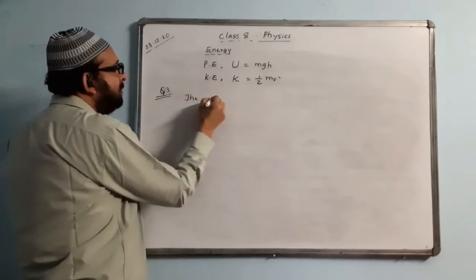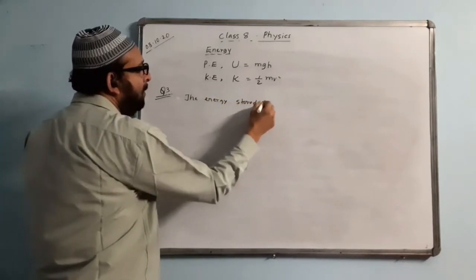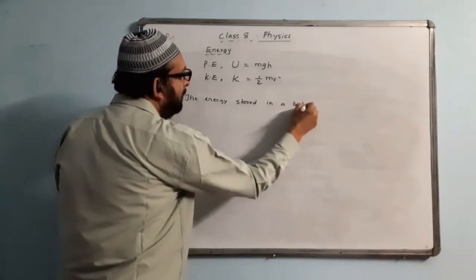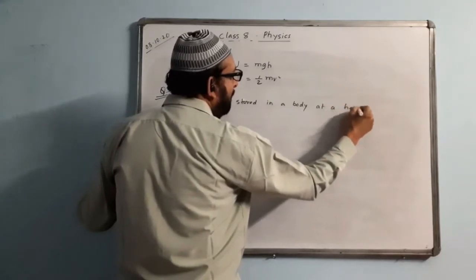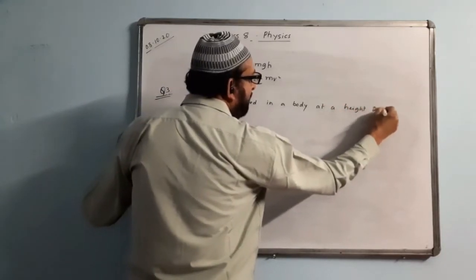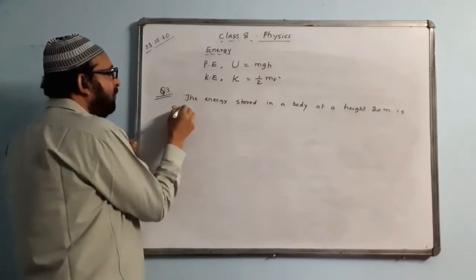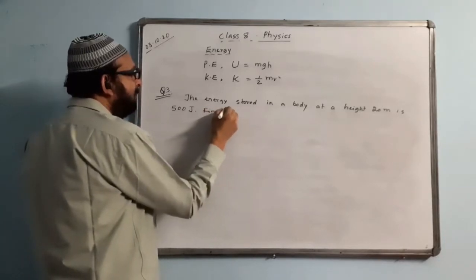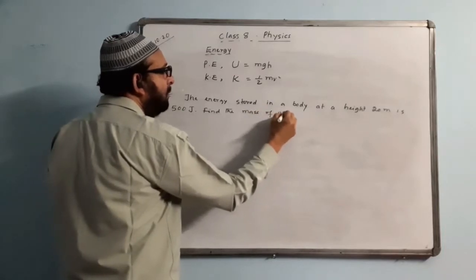The energy stored in a body at a height of 20 meters is 500 joule. Find the mass of the body.